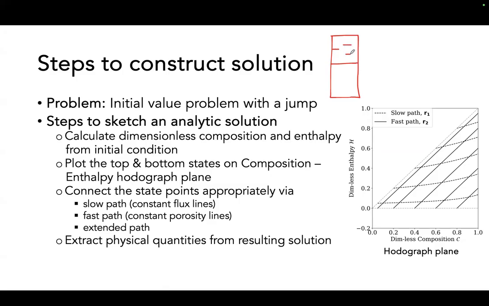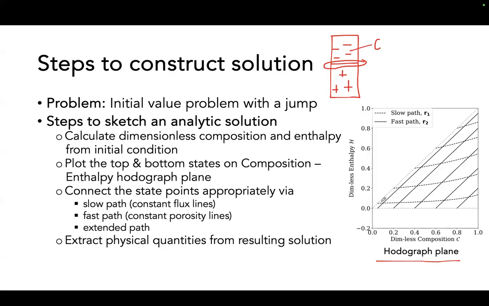On the top, you have one state in Firn, and on the bottom, you have another state in Firn, and there is a jump. We call such problems initial value problems. We can plot these on this plane called the hodograph plane. The hodograph plane is a vectorial representation of movement of a body or a fluid. In this case, movement of melt through the Firn.